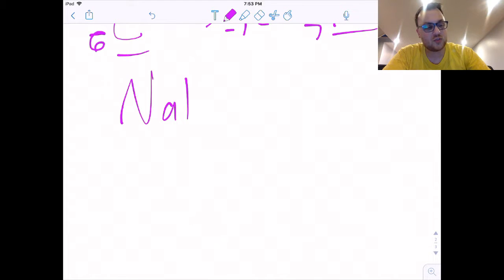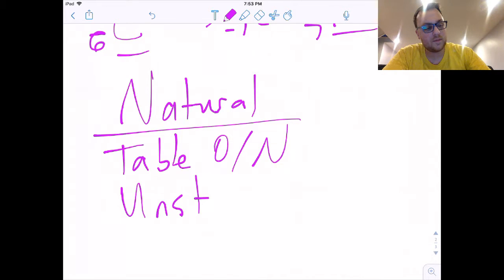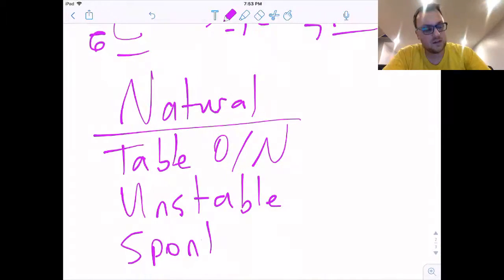And there's two different types of transmutations. Natural transmutations, which is everything on table O/N. They are unstable, and they are spontaneous, meaning they occur without any outside influence. Hence why they're natural.